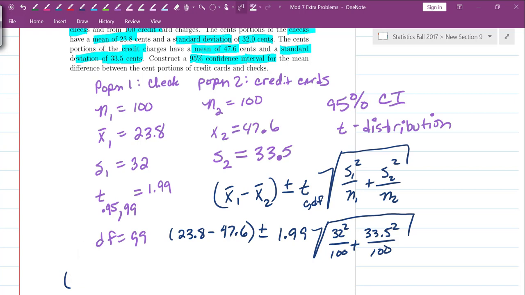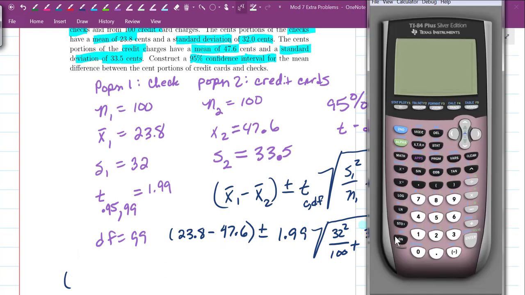So let's pull up our calculator, turn it on, and clear it out. We're going to open up parentheses and go 23.8 subtract 47.6, close parentheses. Now that makes that subtraction happen.